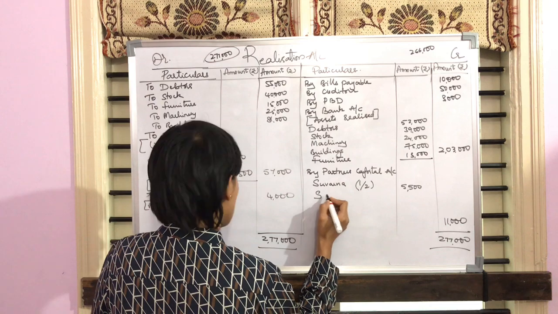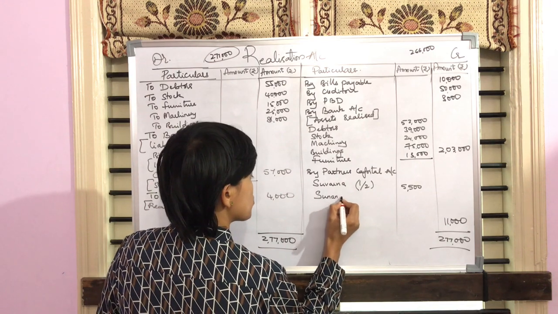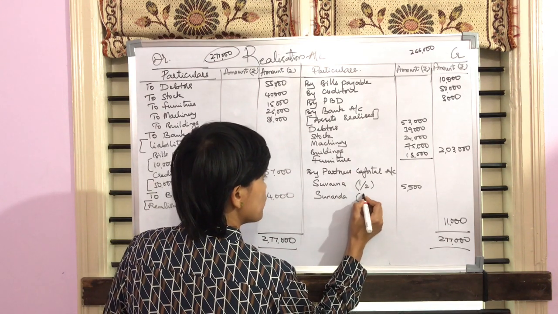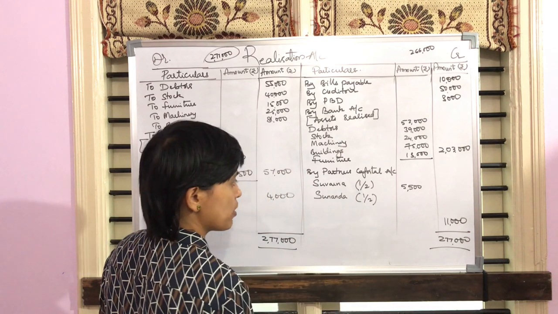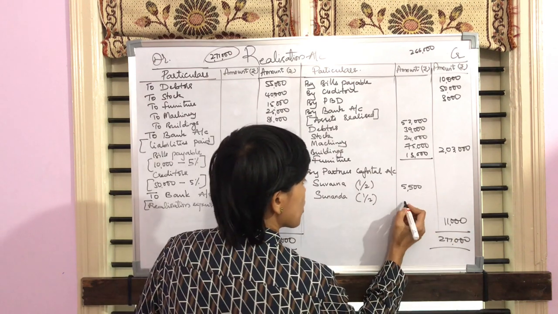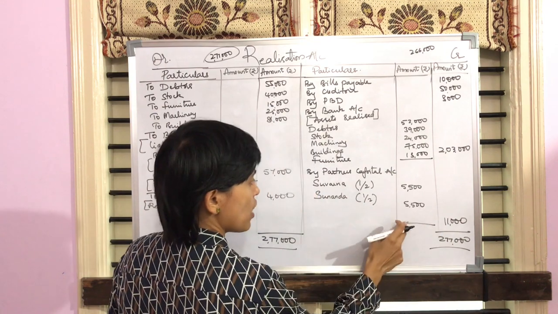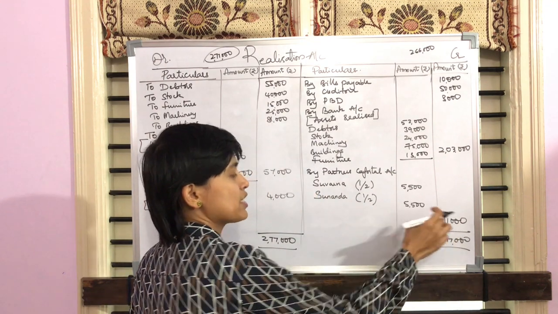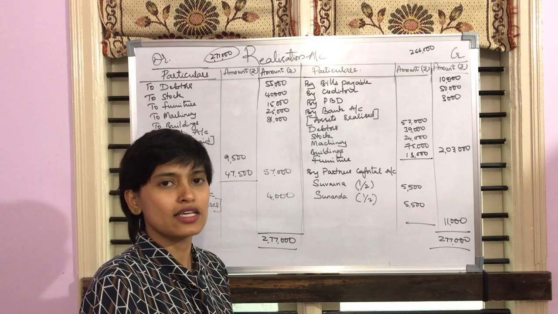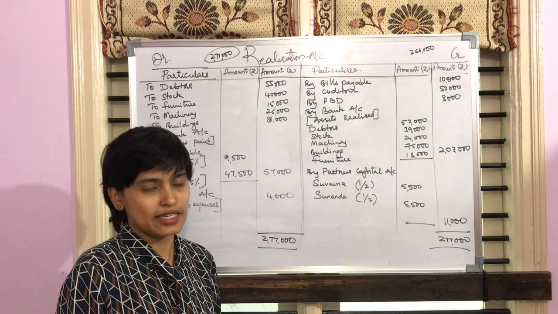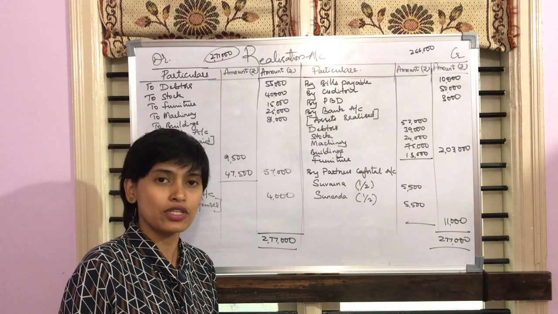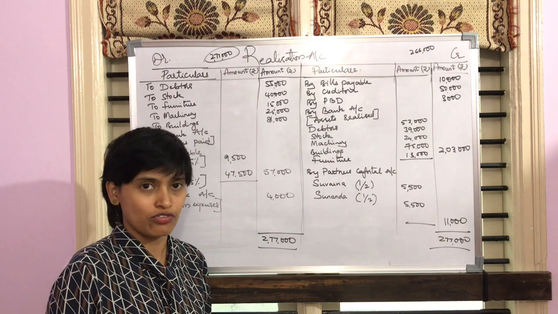The next partner is Sunanda. Her profit sharing ratio is 1/2 into 11,000. You will get 5,500. So if you add both the amounts, you will get 11,000 as loss on realization. Now there are few things that you need to make a note of it.